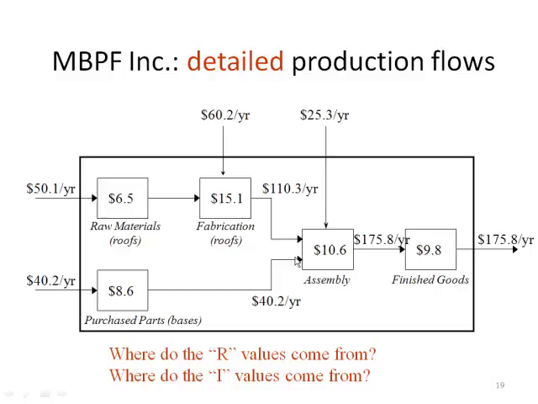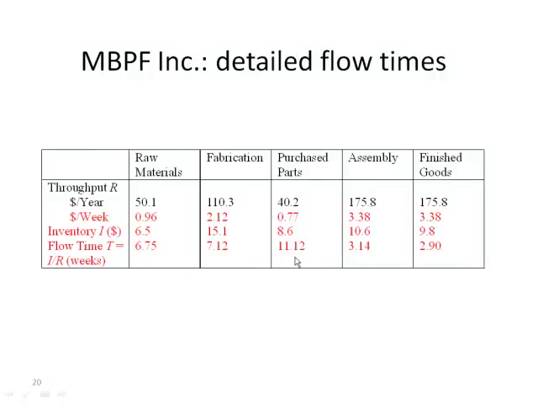Now, while we have already done an analysis of the overall flow time for a dollar in the system, we haven't done it at the sub-process level. So what I've done in this slide is basically capture that information. Let's take the raw materials area. We figured out that the flow rate for raw materials was 50.1 million per year.